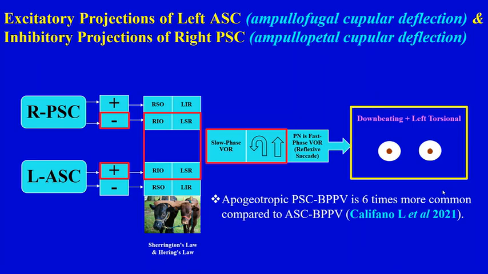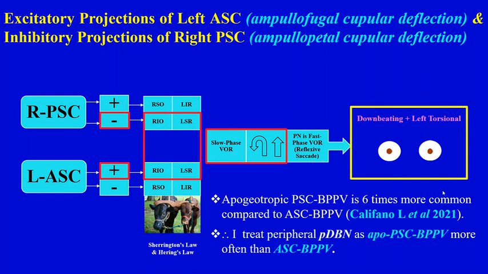Apogeotropic posterior semicircular canal BPPV is reported to be 6 times more common compared to anterior semicircular canal BPPV as per the study of Califano of 2021. Therefore, I treat peripheral positional downbeat nystagmus as apogeotropic posterior semicircular canal BPPV more often than anterior semicircular canal BPPV.